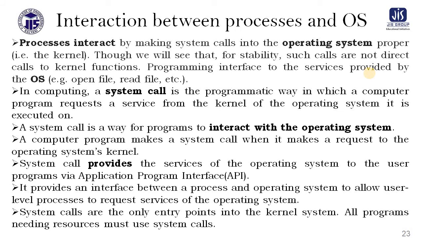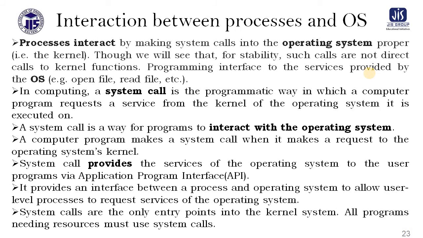Interacting with our operating system means interacting with the kernel of your operating system. So the kernel is the core component of your operating system. There is a tool provided by your operating system, that is called the system call.